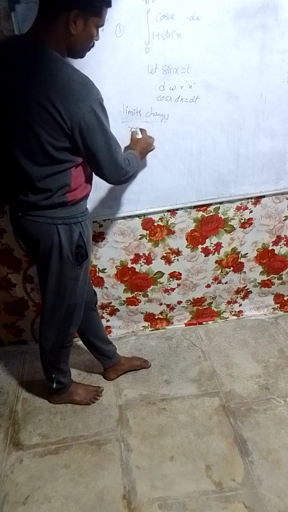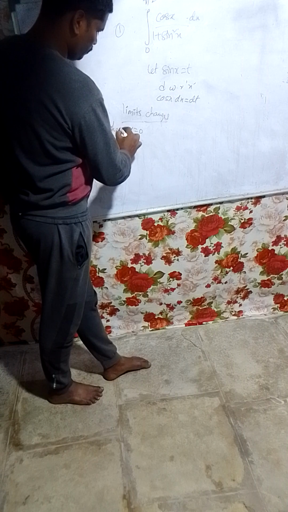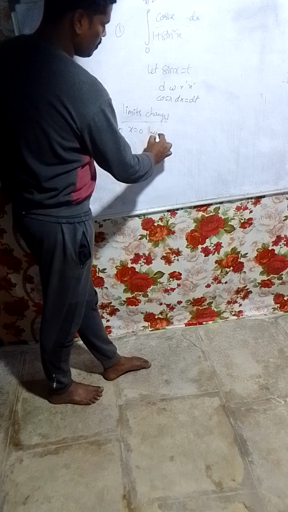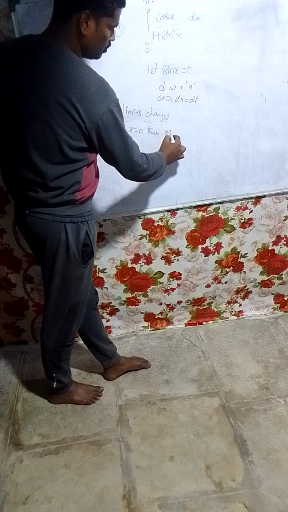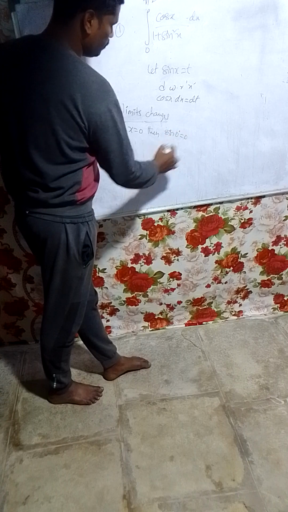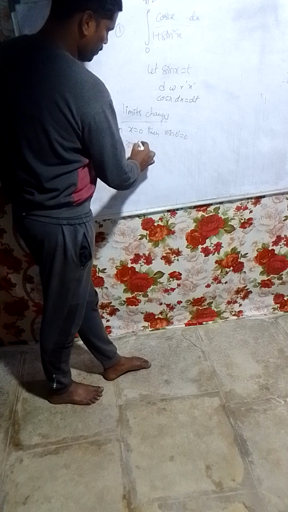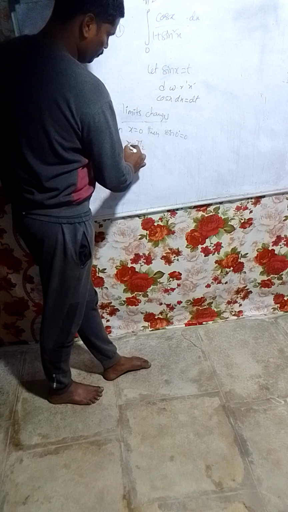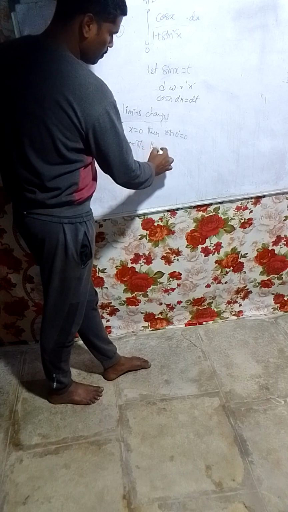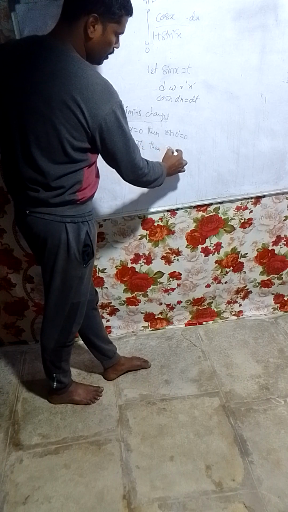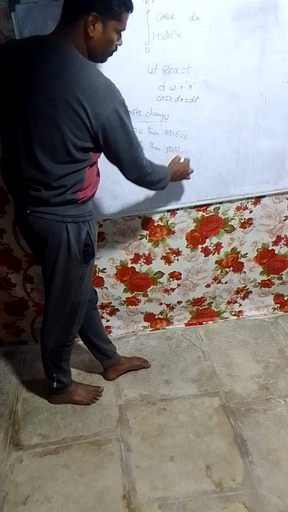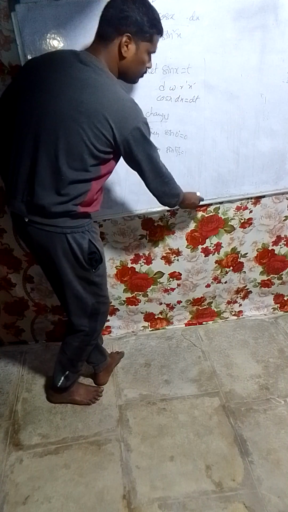When x equal to 0, then sin 0 equal to 0. When x equal to pi by 2, then sin pi by 2 is 1.